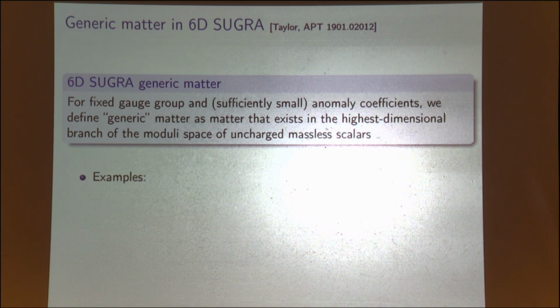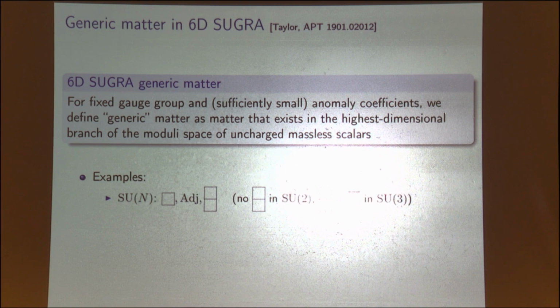As a few examples, if we just have a single SU(N) factor, the matter representations that turn out to be generic are the fundamental, the adjoint, and the 2-index antisymmetric. For a U1 gauge factor, the generic charges are charge 1 and charge 2. So these are the simplest representations we expect to see, and they do turn out to exist in this highest dimensional branch of the moduli space.